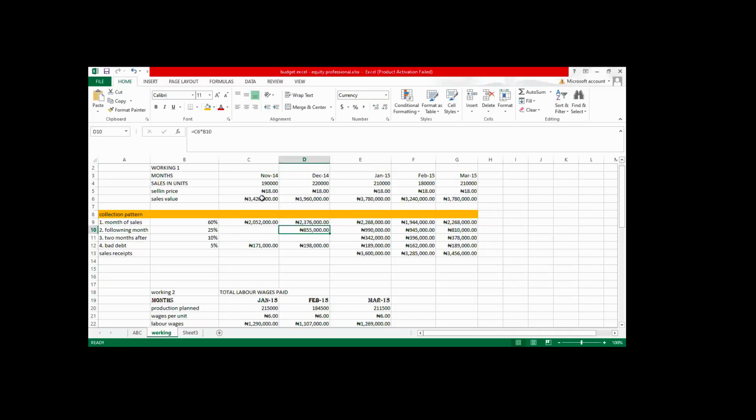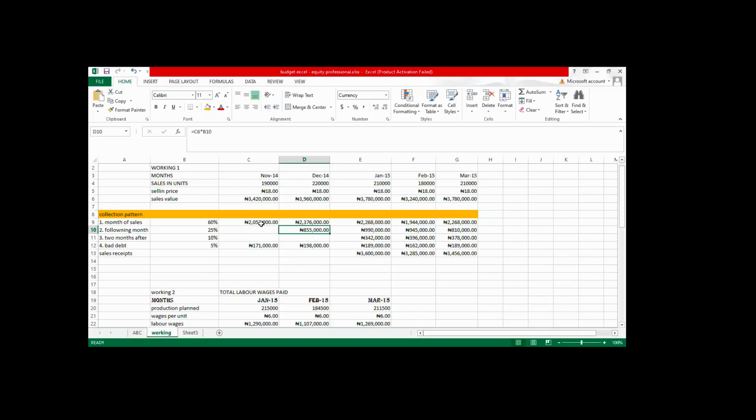We are still on November sales. November sales 3,420,000. We collected 60% in November, 25% in December. Then 10% will be collected 2 months after.